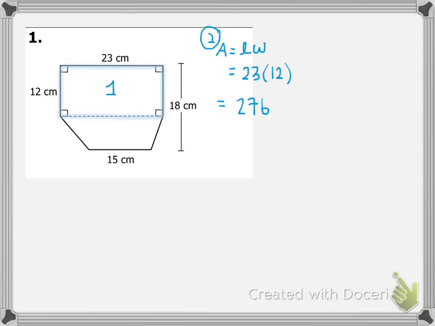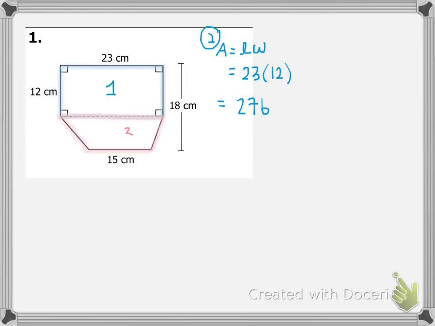Alright, so then this other figure, let's highlight it with the pink highlighter here, would be a trapezoid. So let's call this a second figure.